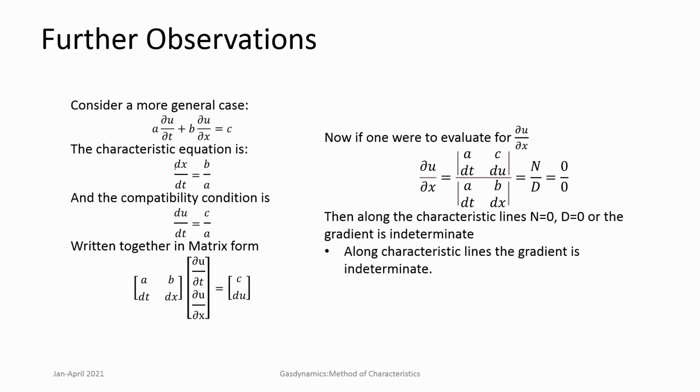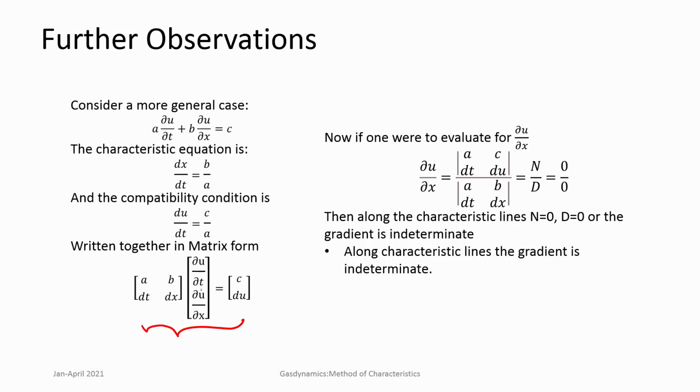Then you find that the characteristic equation here is dx by dt equal to b by a, and the compatibility condition is du by dt equal to c by a. You just have to divide by a to get to these forms. Now, these two conditions written together in matrix form give you this particular matrix.